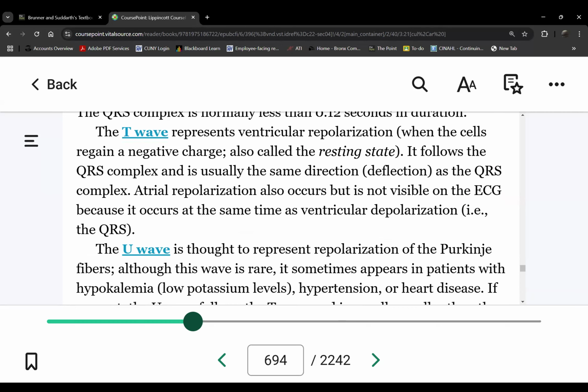Okay. By the way, do you know what depolarization and repolarization mean? Resting and working. Okay, correct. So let's say this is a cardiac cell. If it's resting, it is full of negatively charged ions, meaning, is it going to contract? No, because it is a resting cell.